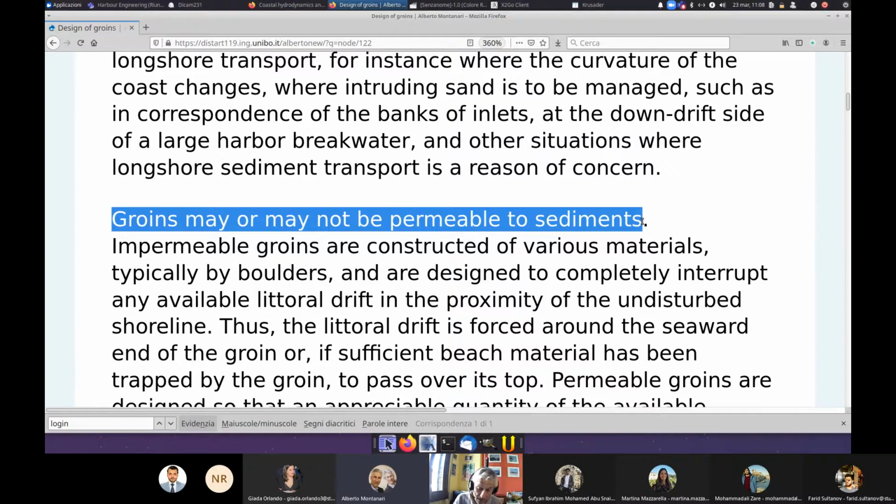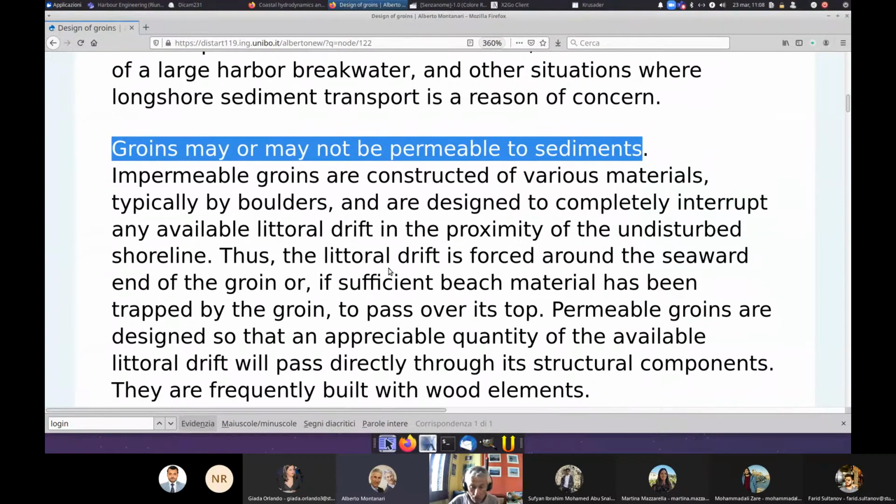There are some groin structures where you can temporarily close the windows in the groin body. And this is something that has to be taken into account, and we will see how to take permeability into account in our rules of thumb for groin design.